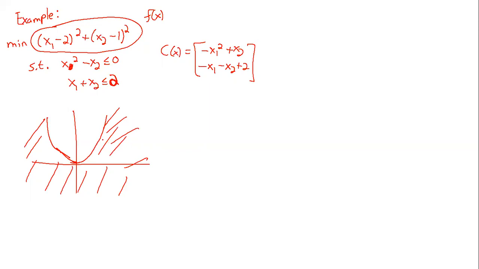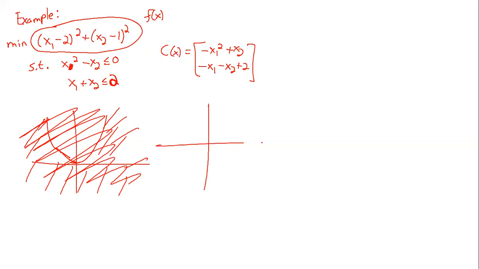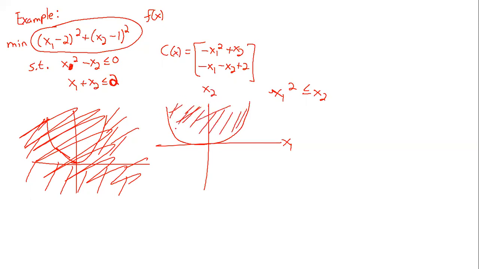Oh, sorry, no, I did that wrong. Darn. The other way around. This is x1 squared less than or equal to x2. So here's x1 and here's x2. The set of decision variables that would satisfy this would be the ones in this region where x2 is greater than or equal to x1 squared. So it's above this. So that's the first constraint.